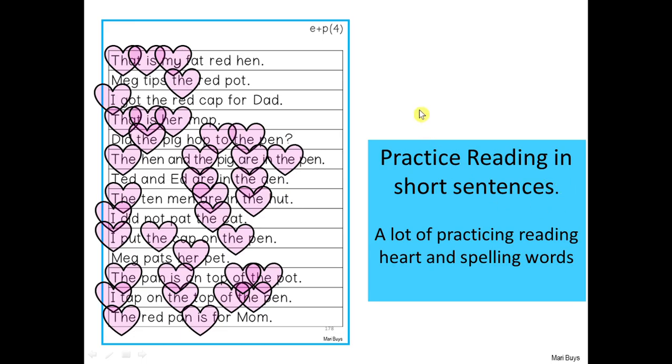Okay, so the sentences, look at how many hard words there are in these very, very simple sentences. So you can see over here that they get a lot of practice with the hard words. Now, when your child reads these hard words, they can't sound them out.